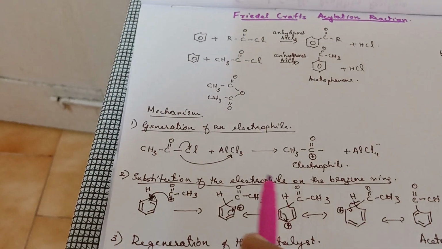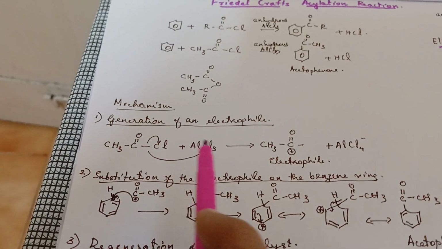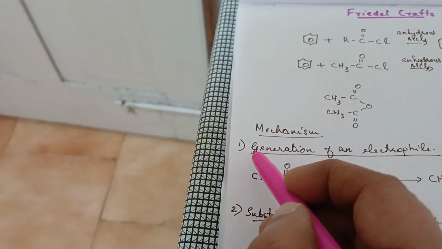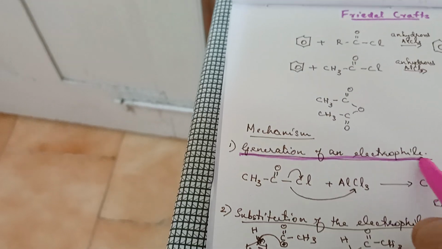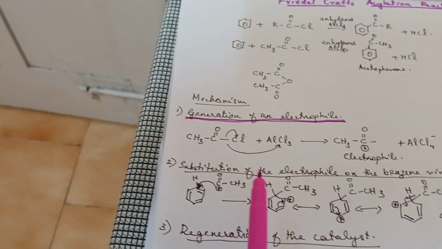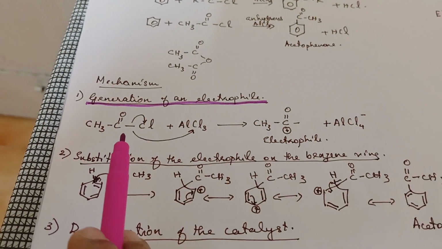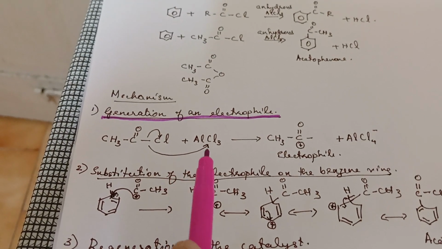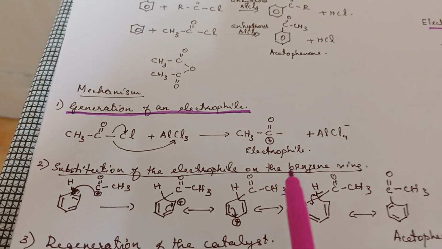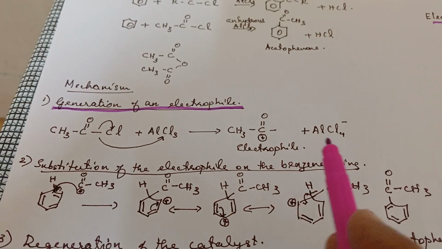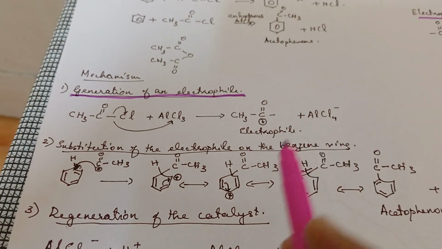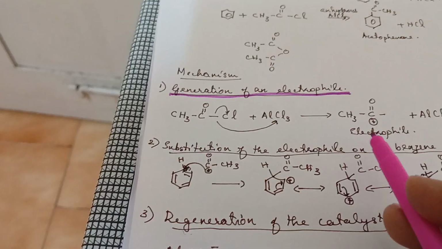And the steps of the mechanism are, first one, generation of an electrophile. That is from CH3C double bond O Cl plus AlCl3 giving you the electrophile and AlCl4 minus. The electrophile is the acyl group.